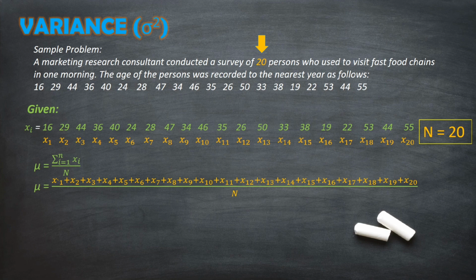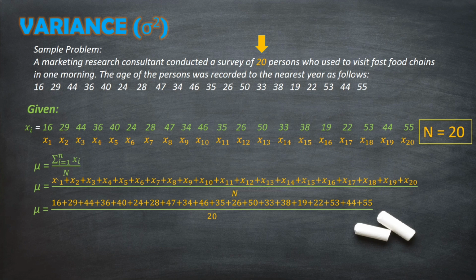Now it will be easier to solve for the population mean, or the average, since we already labeled each data according to its x sub i: x sub 1, x sub 2, x sub 3, up to x sub 20. All we have to do is substitute those values in the formula.